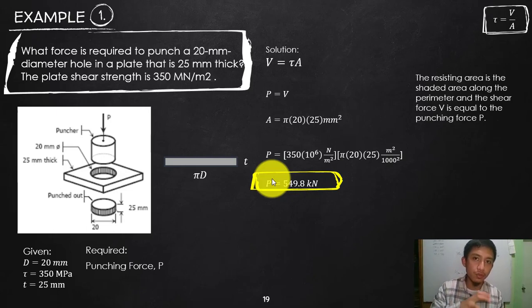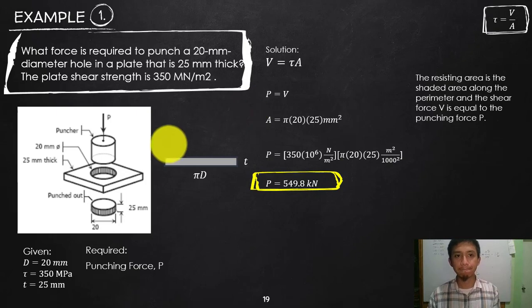Of course, once you increase that, it will be easier for you to punch. The higher the P, the easier for you to punch. But once that is lower than 549.8 kilonewton, then you will not be able to punch that one because of the thickness, and because of the strength of the plate. So that's it. That is our example number one.